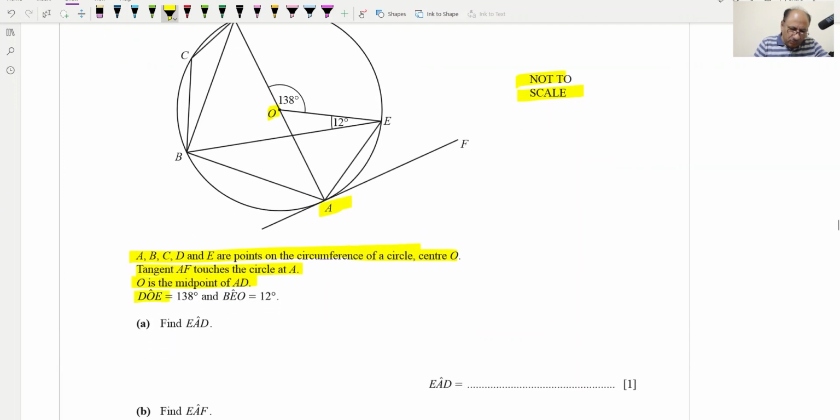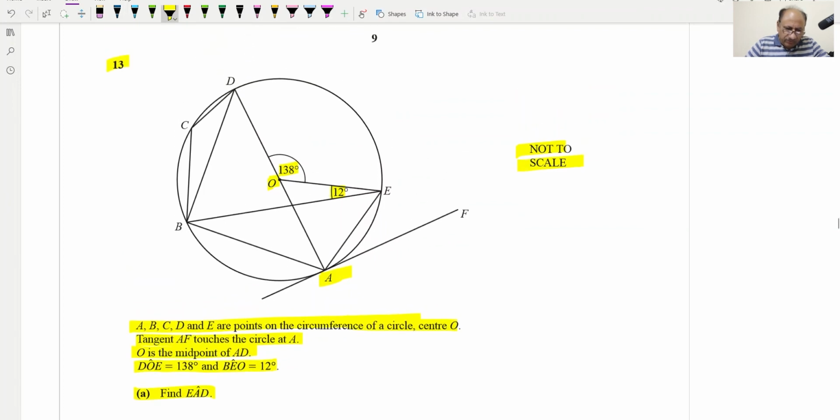Angle DOE is equal to 138, and angle BEO is equal to 12. Find angle EAD. So angle EAD is required. We'll have to identify EAD.